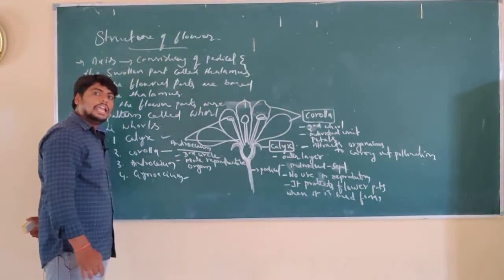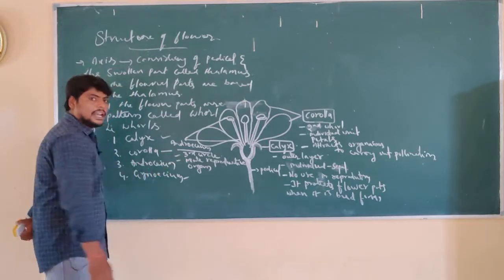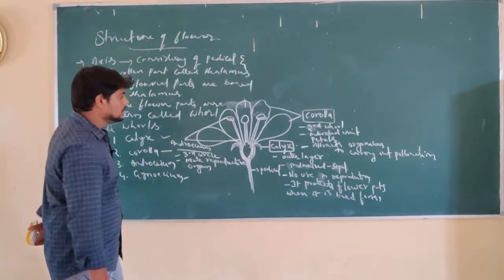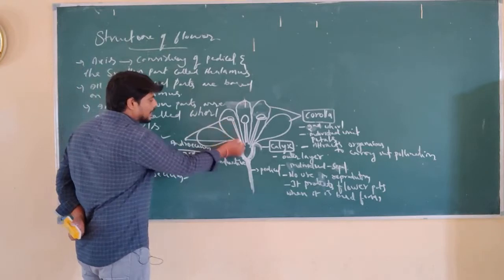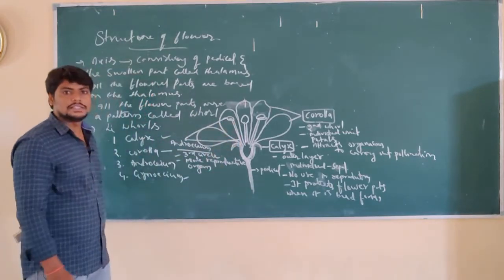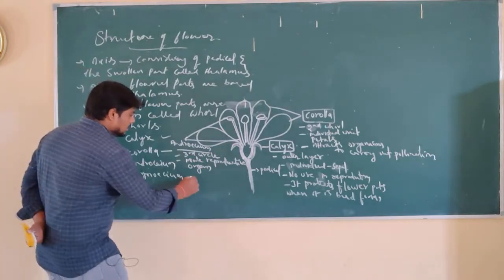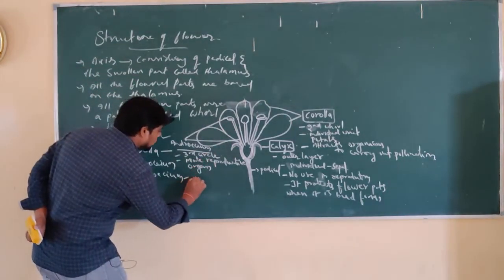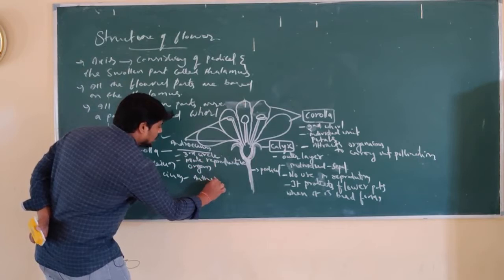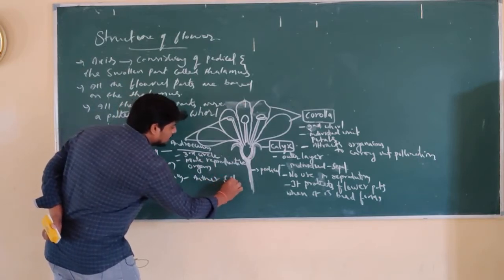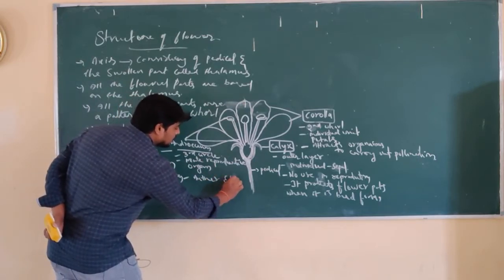And if you observe, this androecium is made up of two parts. It is consisting of two parts. What are those? Anther and filament.